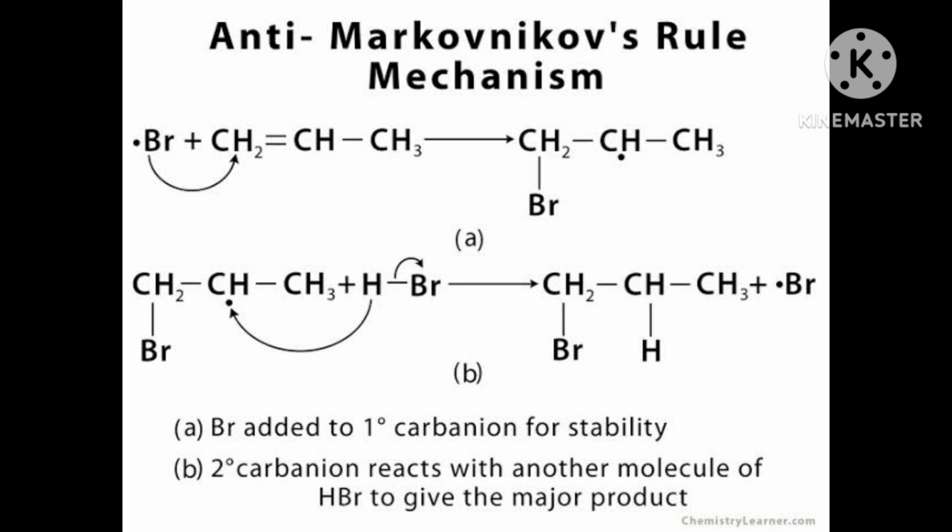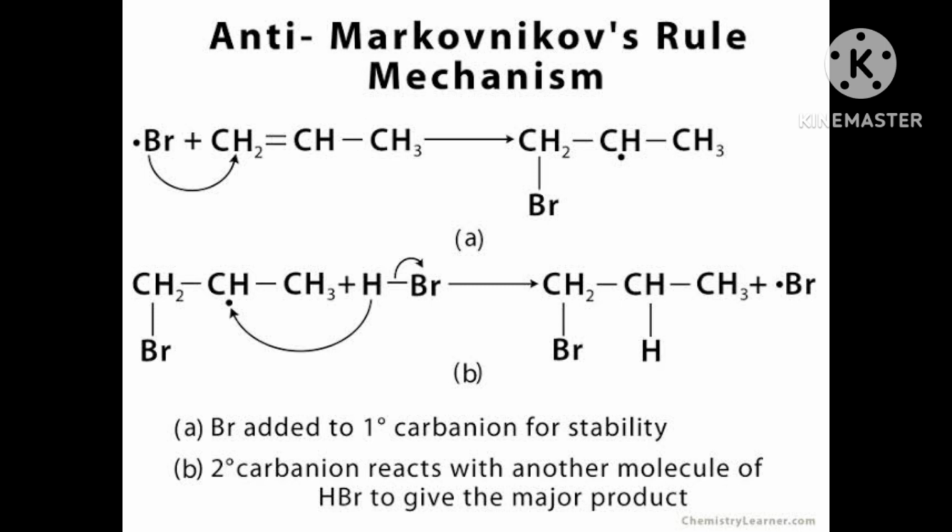This is the first possibility, and it is less stable. This primary carbocation is less stable. Now the second possibility is a secondary carbocation, on carbon number 2, where this middle carbon is attached with two carbons. It is called secondary because two carbons are attached and the positive charge is there on the middle carbon.